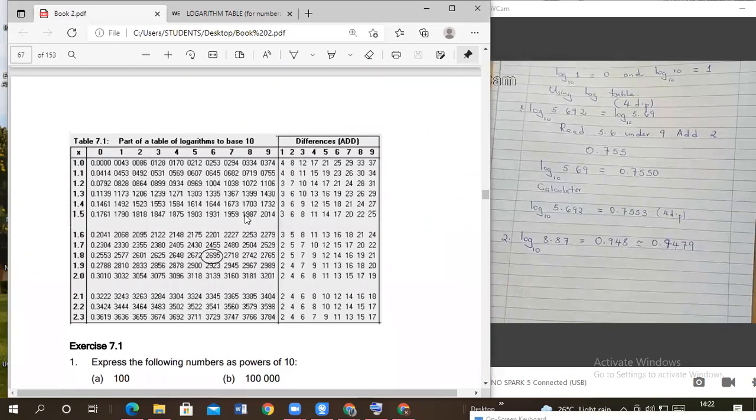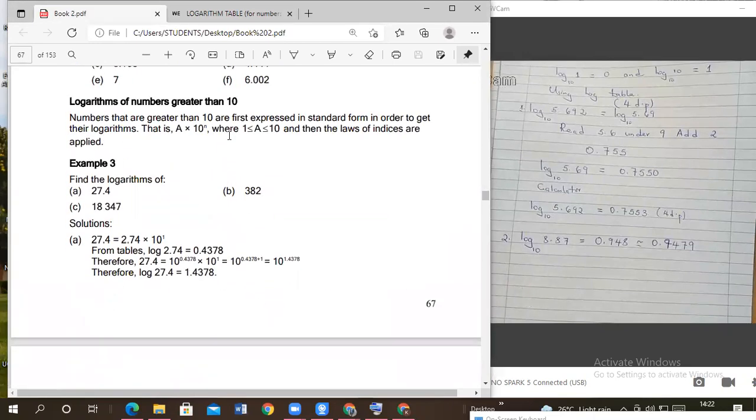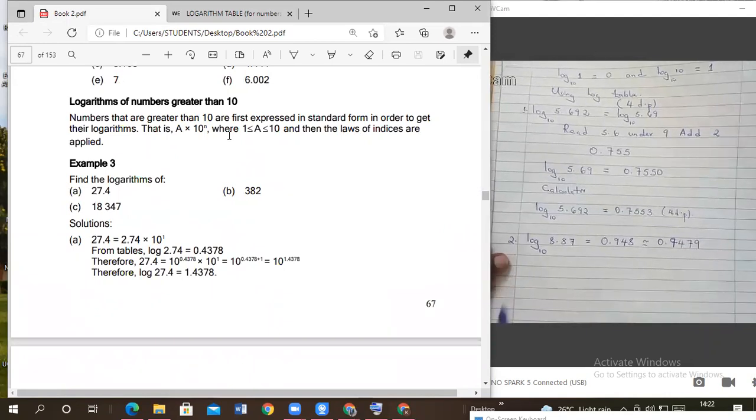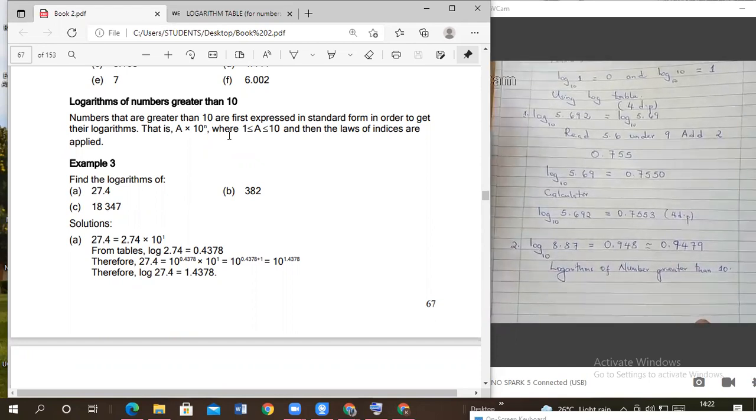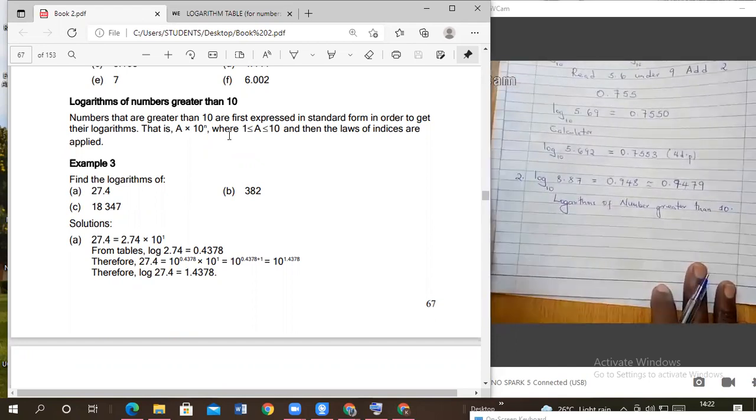Let's look at numbers which are greater than 10. Subheading: logarithms of numbers greater than 10.